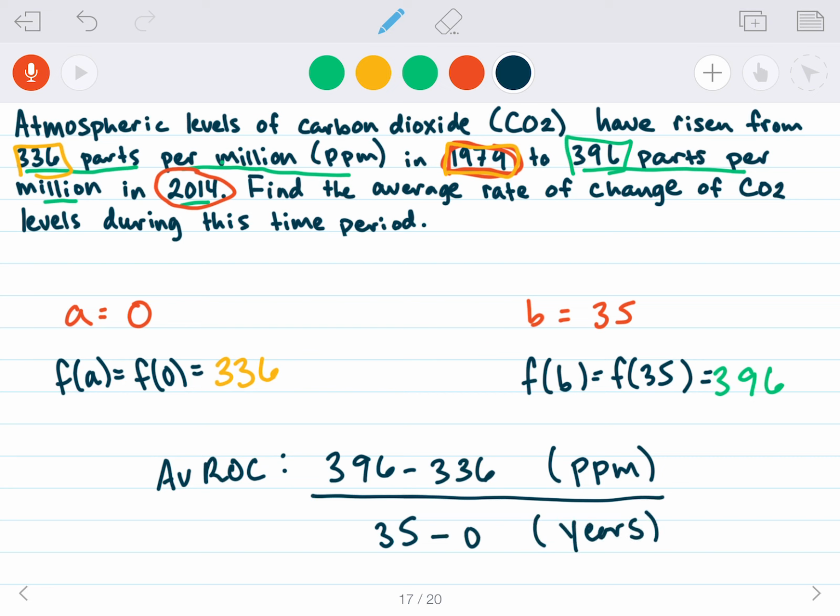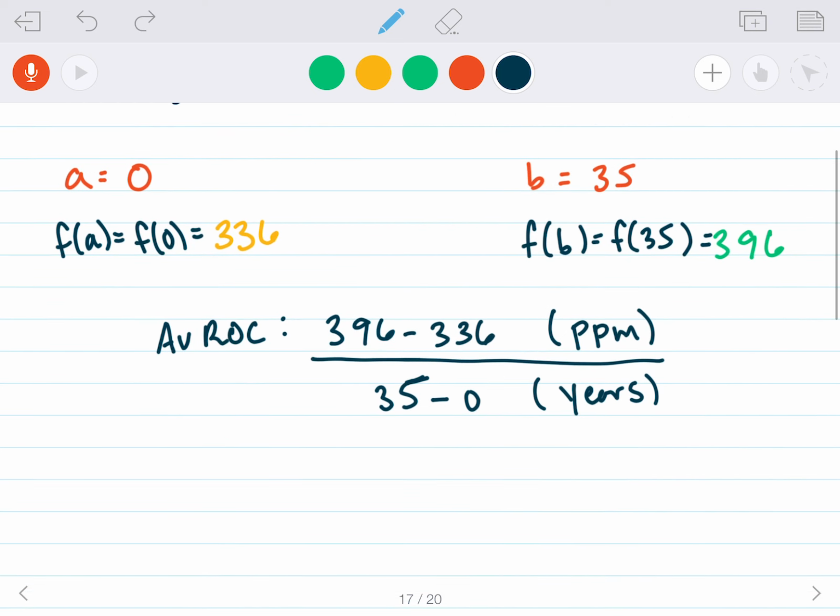Okay, and maybe this will make sense why I said 1979 is year 0 and 2014 is year 35, so that our units make sense. Okay, so let's go ahead and do this. This is going to be, let's see, 60 parts per million on top, and on bottom is 35.